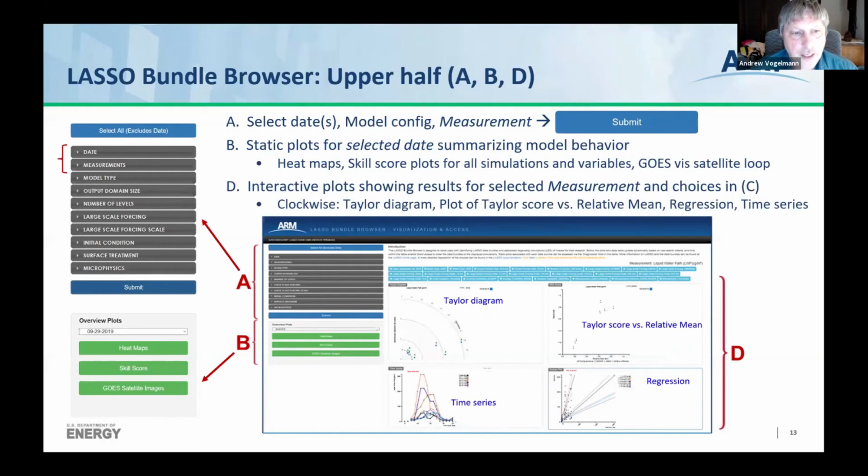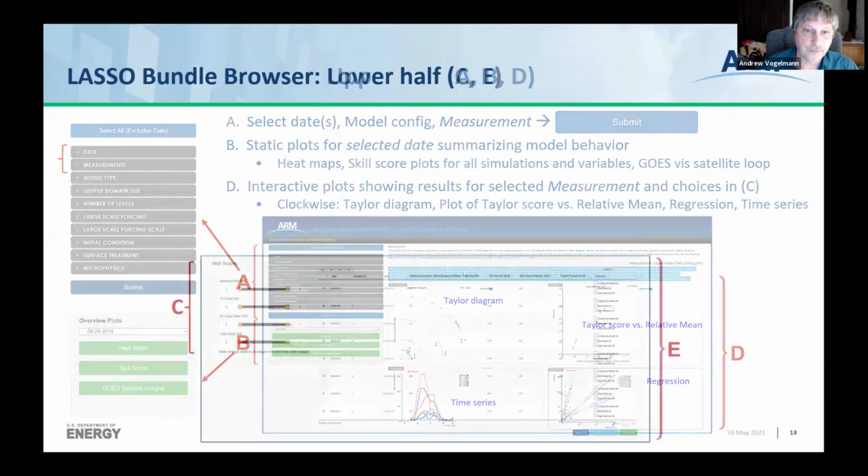And then finally, the right-hand side shows interactive plots showing the results for the measurement that you choose, for instance, liquid water path, and whatever choices that you had in C, which I'll be describing next. Going clockwise: Taylor diagram, Taylor score versus relative mean, regression, and time series.